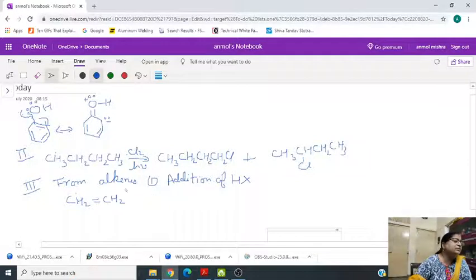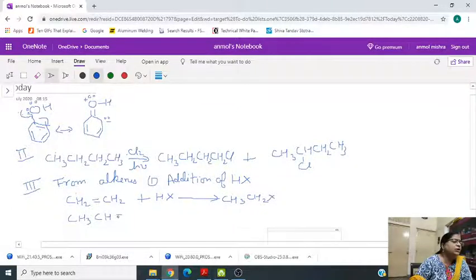When ethene reacts with HX, it forms CH3CH2X. But if it is an unsymmetrical alkene, we have to take care of Markovnikov's rule.